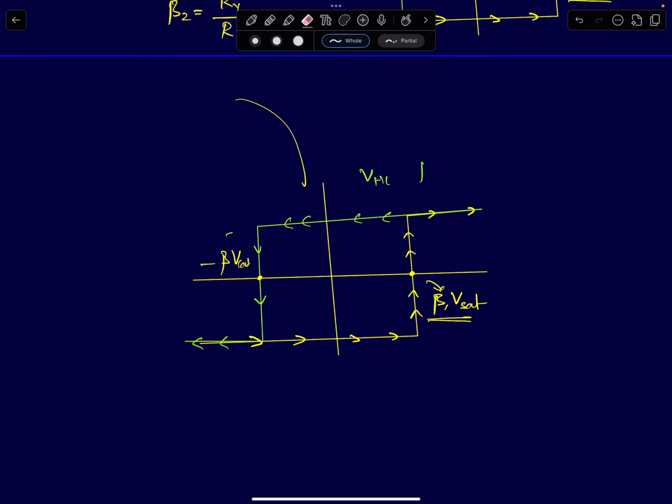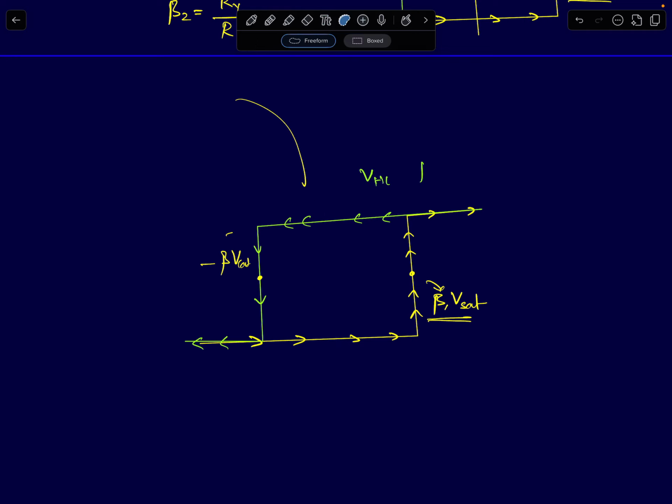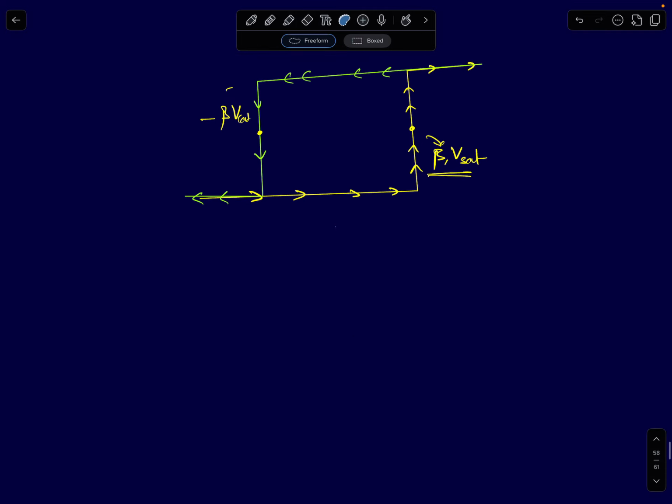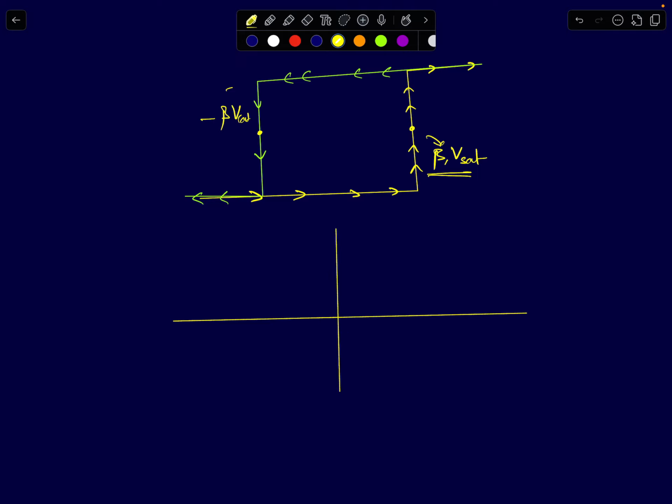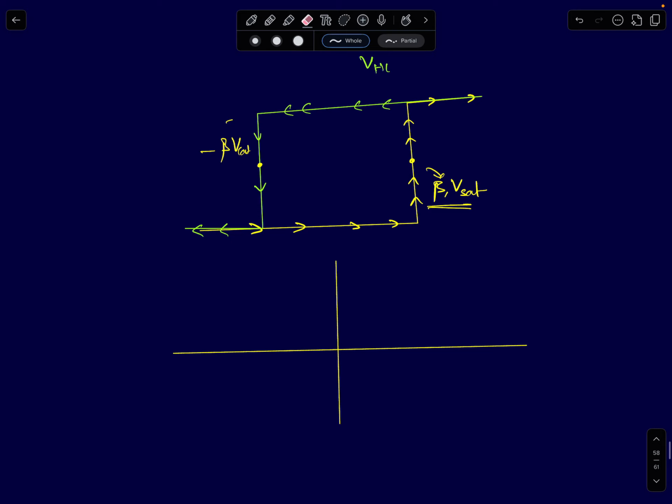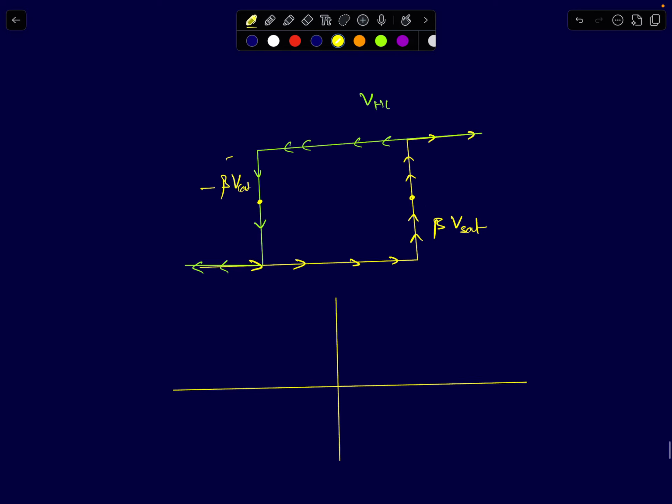So I'm first assuming that both the transitions are happening symmetrically around the origin.